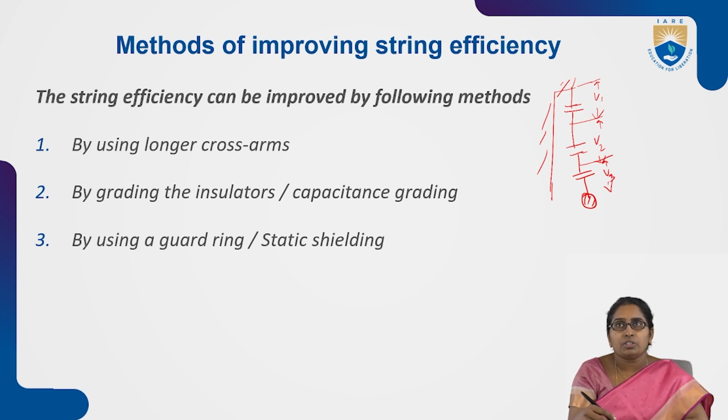And this voltage distribution is not uniform. Generally the unit, the porcelain disc that is near to the conductor, (this is the conductor, and this is the cross arm) experiences the maximum voltage across it, and as we move away from the conductor, the voltage across the units becomes less.